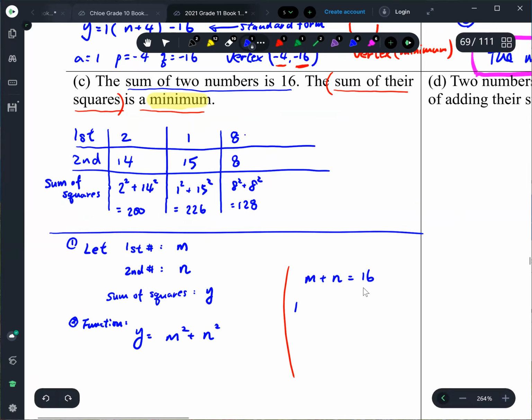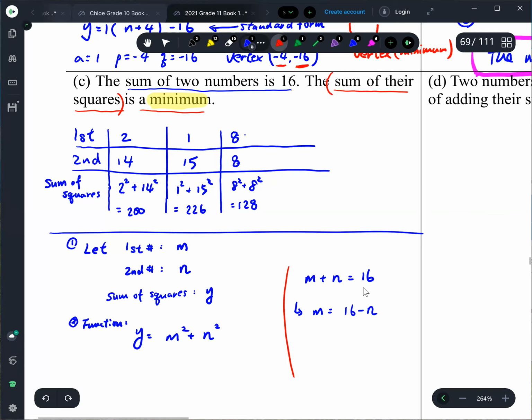Okay, so we can isolate the m. So if you isolate the m, what does it equal now, Geoffrey? Negative n plus 16. Yeah, very good. Okay, I'm going to write it as 16 minus n, so I don't have a negative at the front. It's the same. Or you can write negative n plus 16, either way.